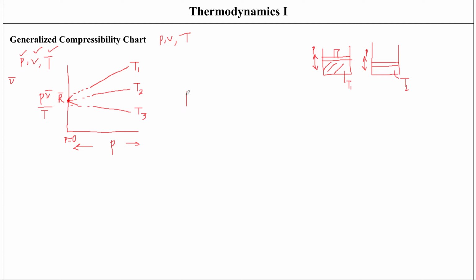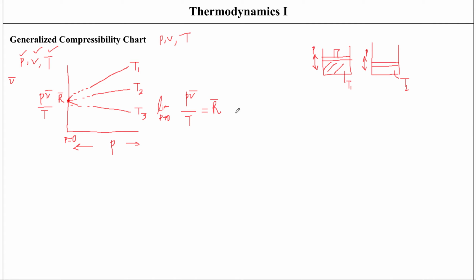So basically, the ratio of PV dash divided by T, when we approach the limit where pressure is approaching 0, is equal to the universal gas constant. Do you see how we come up with this value for the universal gas constant?